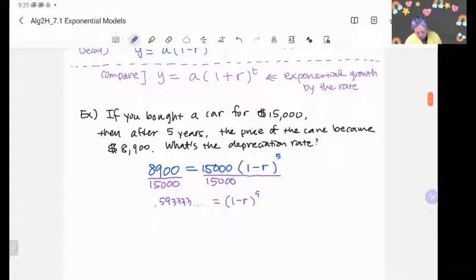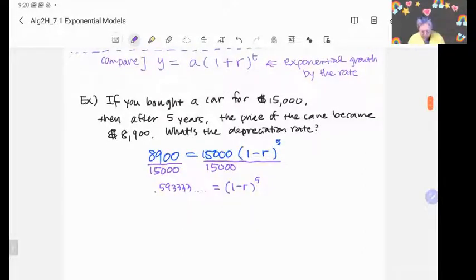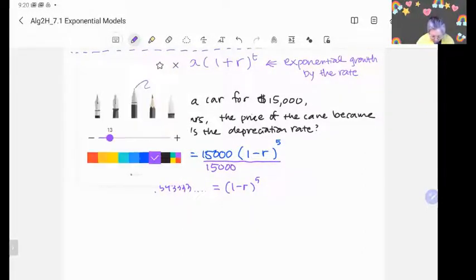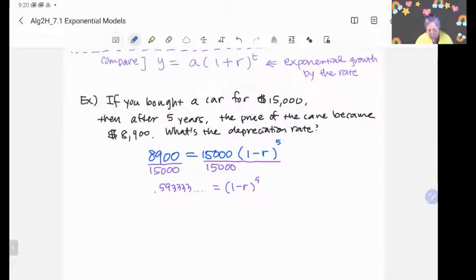Now, in order to get rid of the exponent there, the manipulation for us to do is to raise both sides to the exponent 1/5. That means we are taking fifth roots of both sides, right? So either fifth roots, or we can simply raise both sides to the power of 1/5.